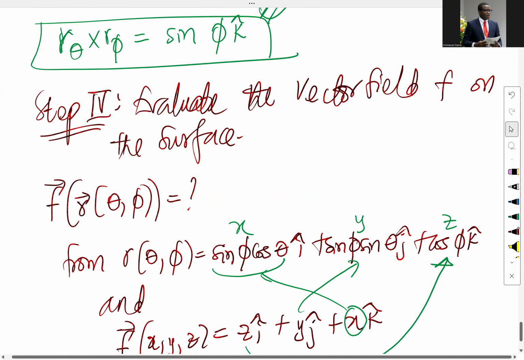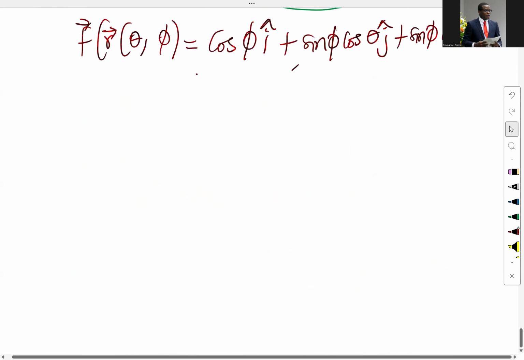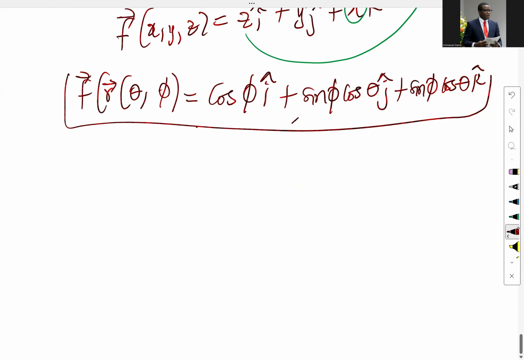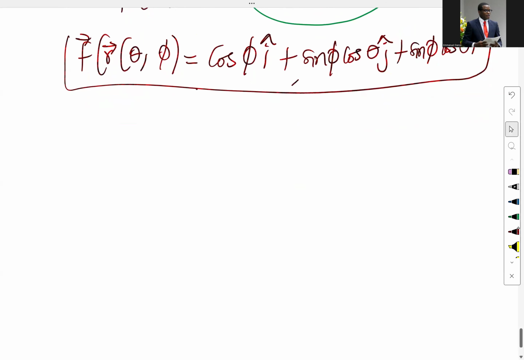All right. So this is important again. Now that's step 4. So talking about step 5, this is lengthy indeed. So step 5, compute the dot product.